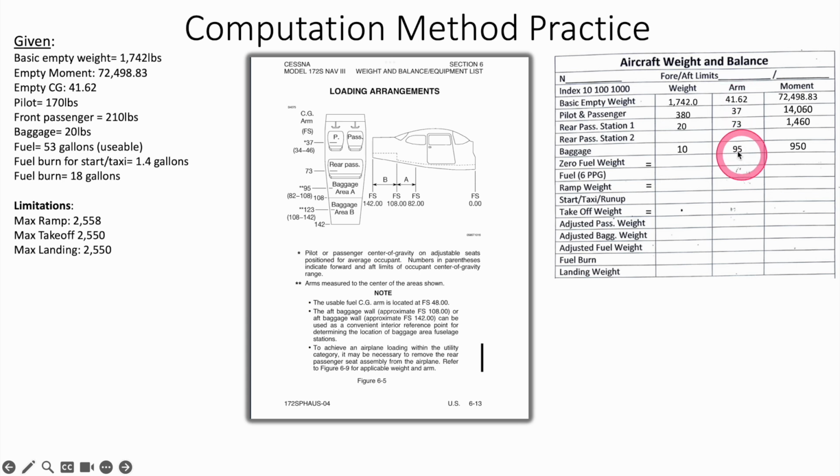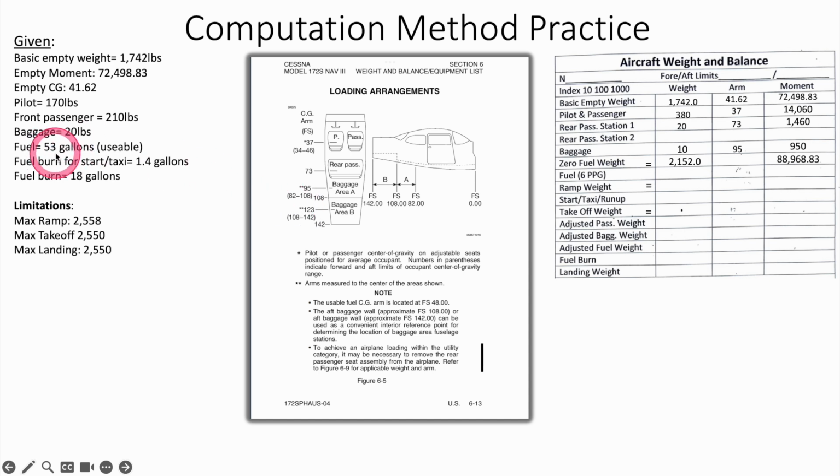You don't need to add the arm, but adding up the weight, you get a total zero fuel weight of 2,152 pounds. So it's zero fuel weight because we have not yet added our usable amount of fuel yet, so the plane is still kind of light. There's no need to add up the arms at this point, but you do want to add up the moment. And so then we get 88,968.83 inch-pounds.